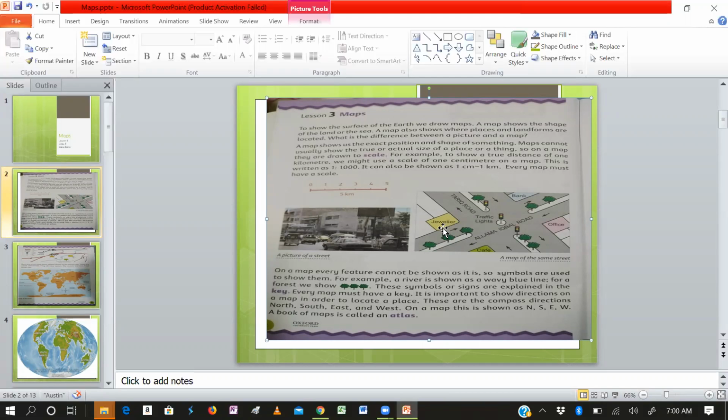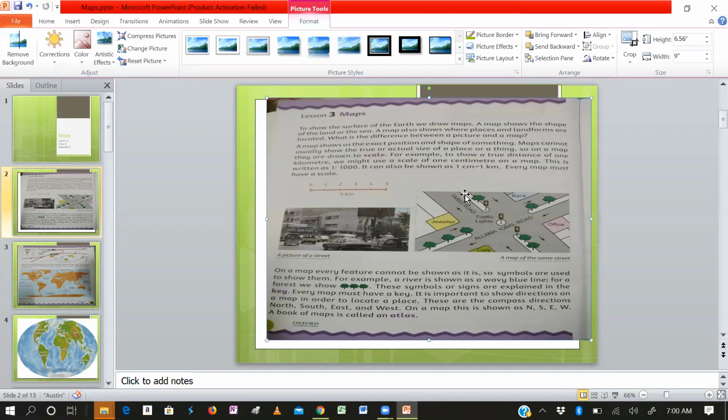You can see the places' names are also mentioned there. Jeweler shops are shown, and then a bank is shown here. Office, then cafe. Then we also see the roads shown here, and their names have also been shown.